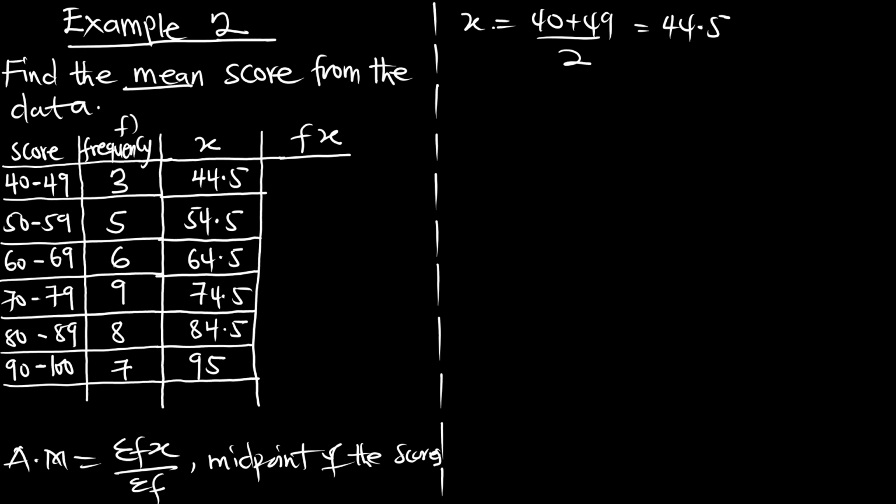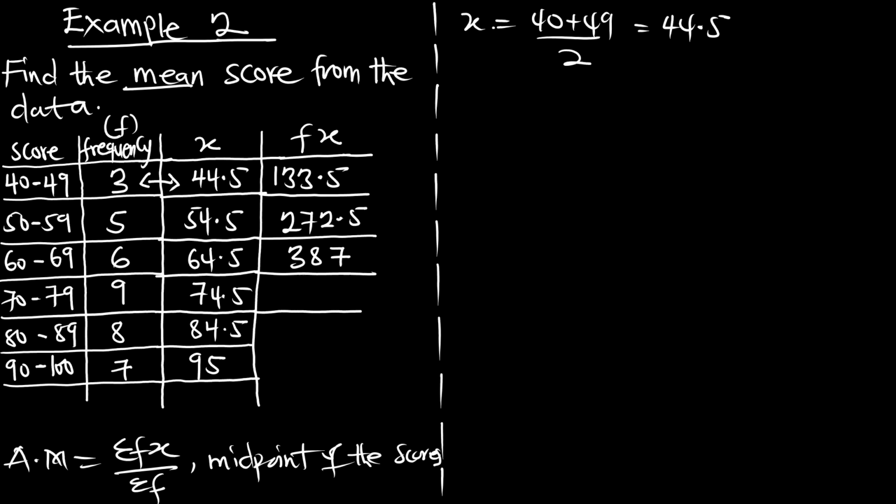We also have our x. We can straight away do the multiplication for f of x to get our values. Now 3 multiplying 44.5 is going to give us 133.5. This is also going to give us 272.5. This is also going to give us 387.